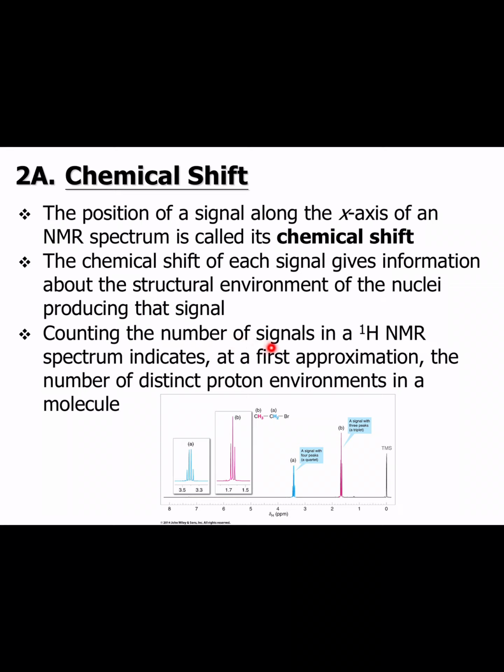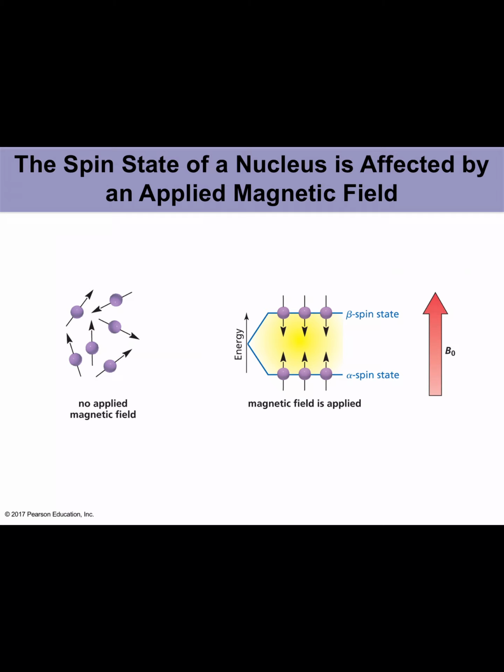Counting the number of signals in a proton NMR spectrum indicates, as a first approximation, the number of distinct proton environments in a molecule. Now if you count here, there are 2 distinct sets of hydrogens in this molecule. Okay, and these signals appear due to the chemical environment they are in.